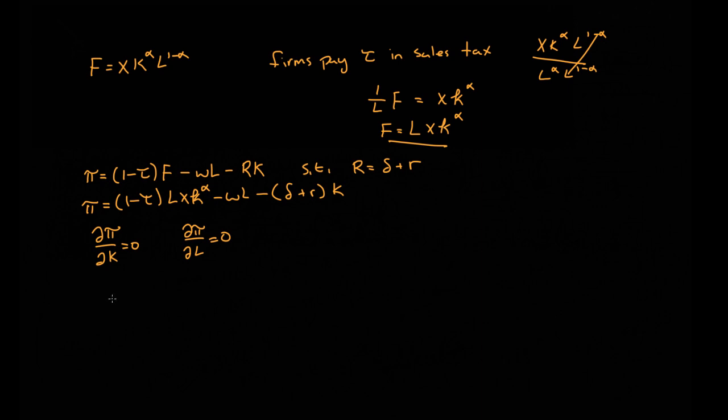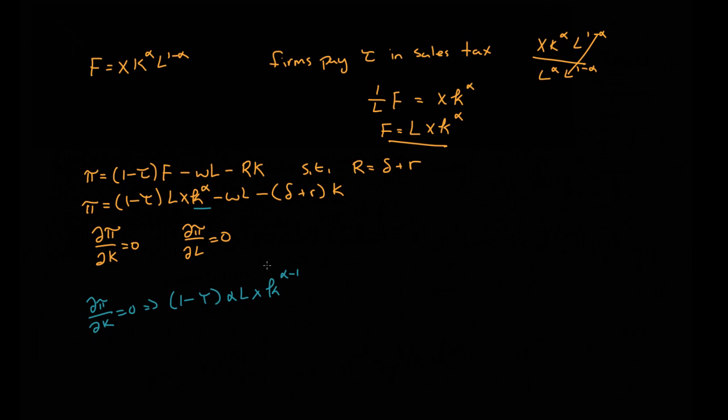So the derivative of pi with respect to capital, dk equals 0, implies that 1 minus tau. Now here we have a k, so we'll have alpha Lx k alpha minus 1, but remember that k is also little k.